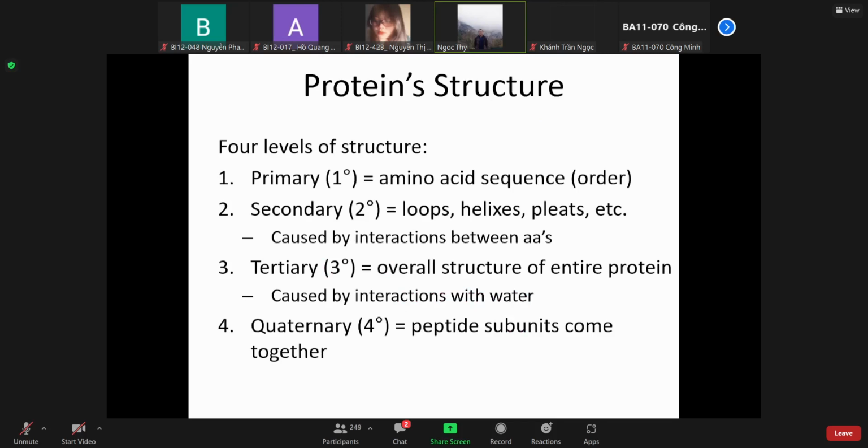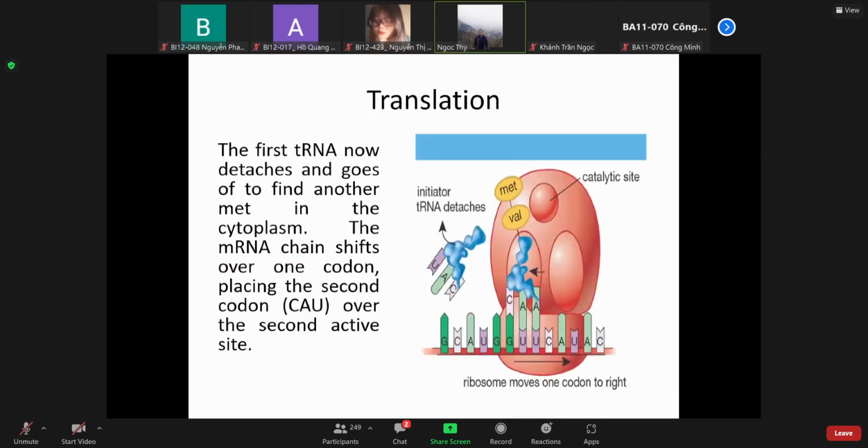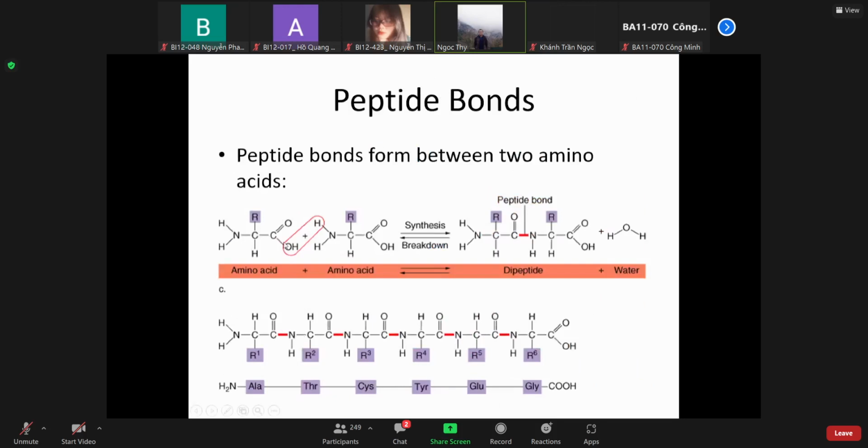The first level, the primary level, is the sequence of the amino acids. So here, this is the first degree, the first level of protein structure.